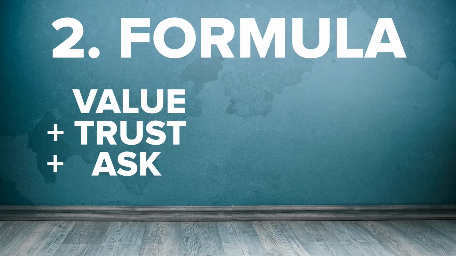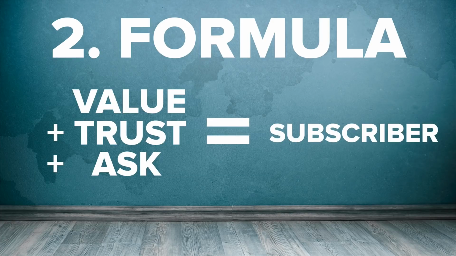So putting these opt-in forms in there, the calls to action, and all the other things that you need to do to get people to realize that they can be a subscriber, to get even more great information from you, to get all these great goodies that you're going to give them. That's how you get a subscriber. The value and the trust that you earn, but also the ask. And that's what this is all about. The ask and making sure that people have that opportunity to become your subscriber.